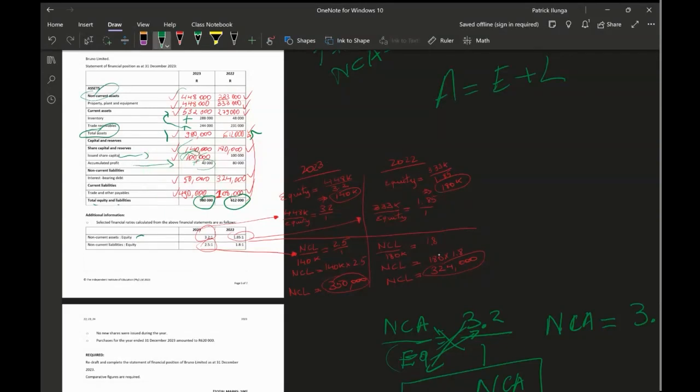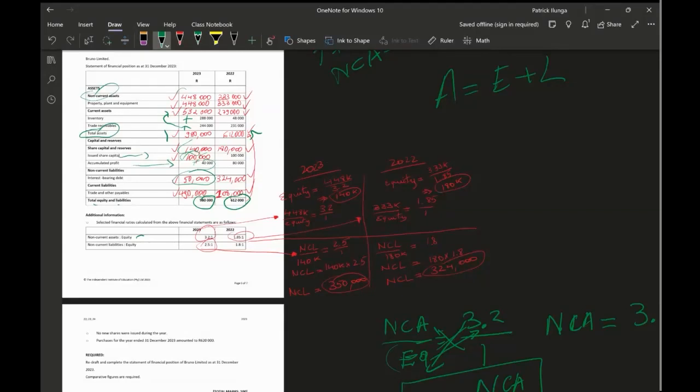The same is true for non-current liability divided by equity. If you were looking for the non-current liability, you had to find it somewhere. And how do you find it?